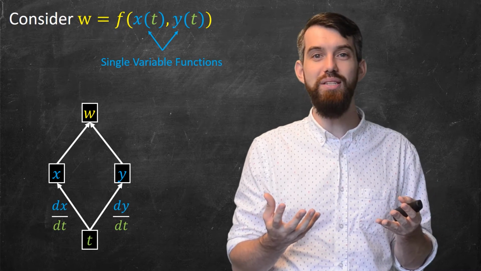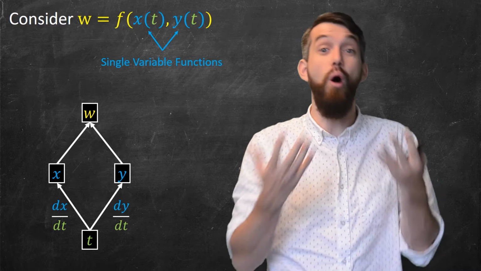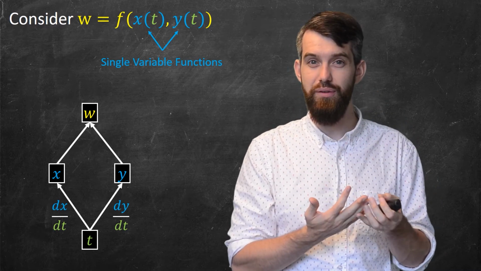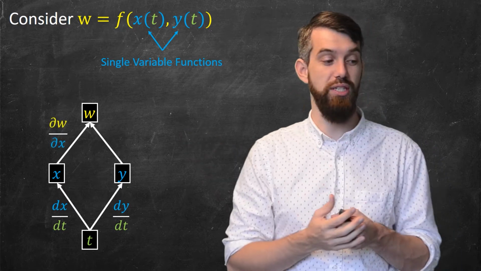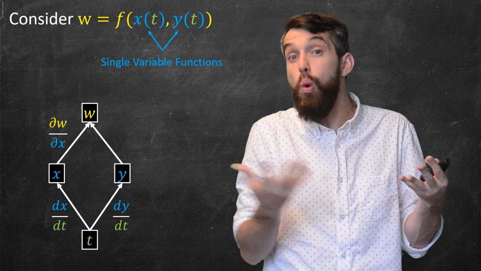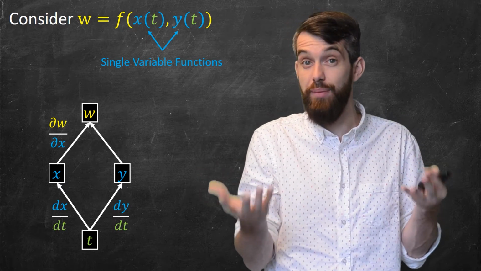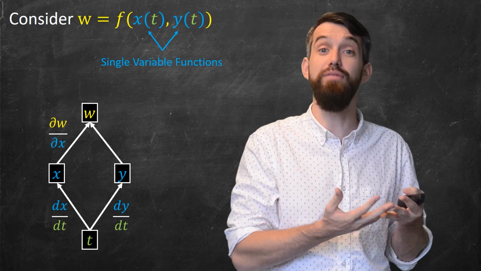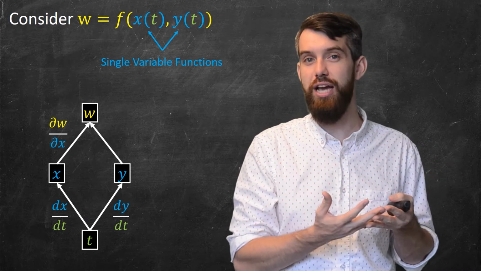But now let's imagine the relationships from x and y all the way going up to w. Well, now these are partial derivatives. For instance, there's a partial derivative, which is the change in w with respect to x. This says as you change x, which is only one of the multiple variables that w depends on, ∂w/∂x gives you the rate of change of w as you change x.